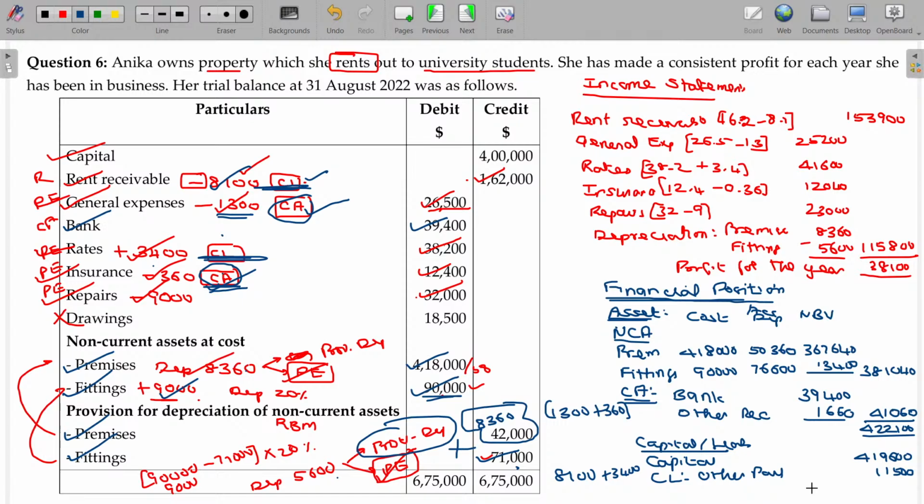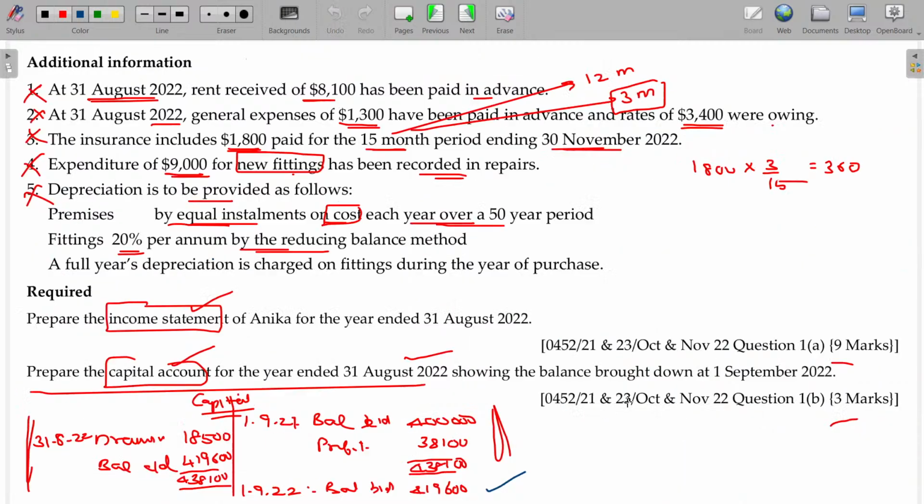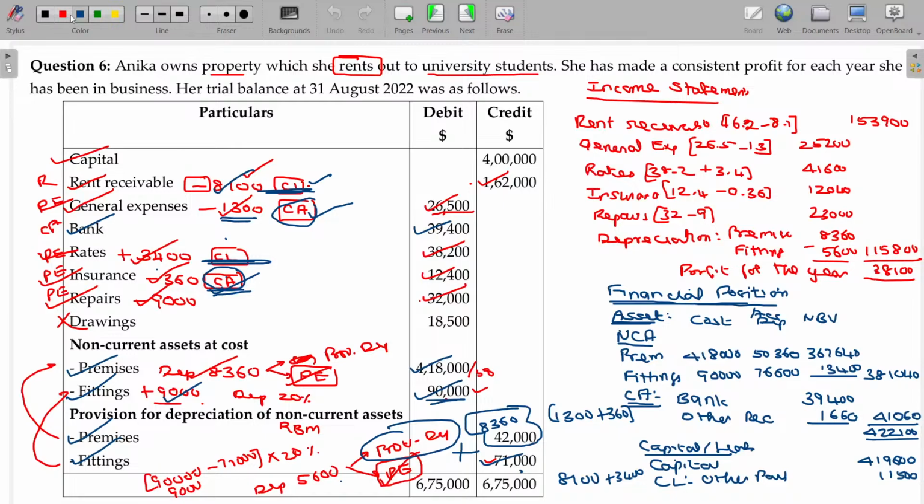Now we understand that depreciation was not subtracted from this profit for the year. Okay. See, there is a small correction. In fittings 90,000 you have to include another 9,000 for the error rectification. Right.